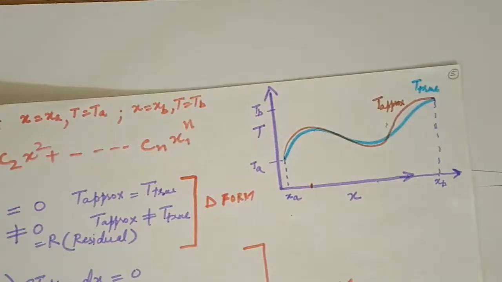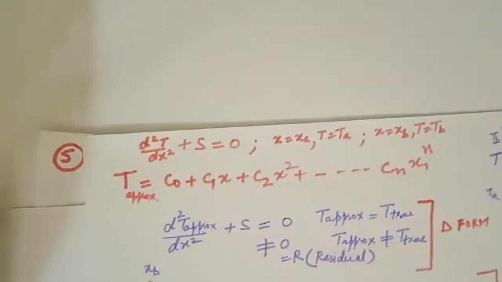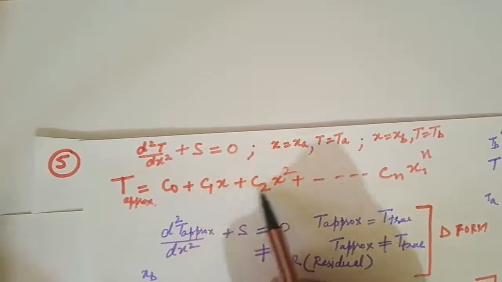So as the ultimate aim is to find out temperatures at discrete locations, why not construct a method that employs values of temperature at a number of given points as the primary unknowns? For instance, in the previous case, the unknowns were these constants.